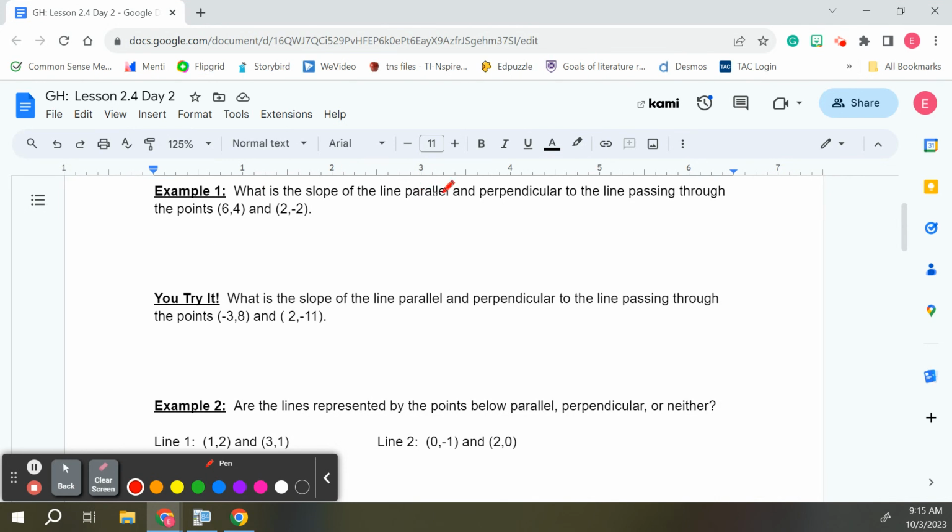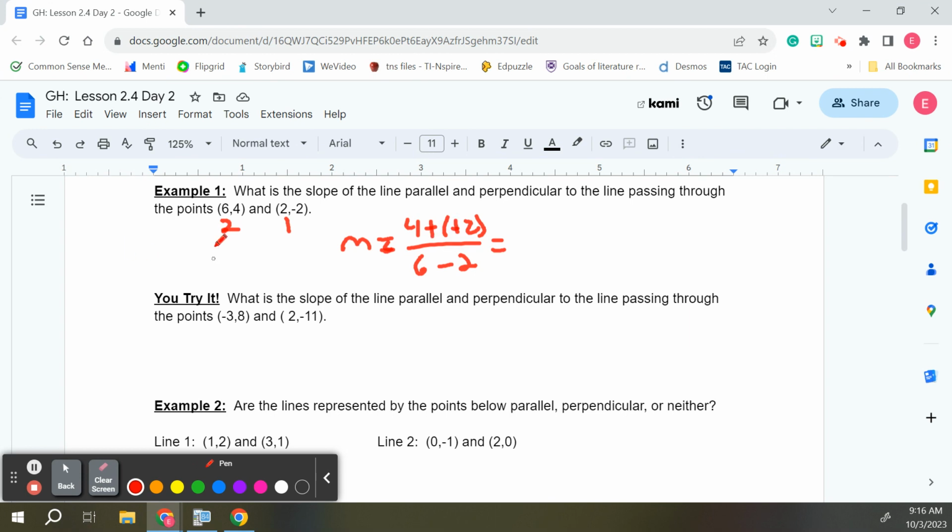It says, what's the slope of a line parallel and perpendicular to the line passing through points (6, 4) and (2, -2)? I'm going to label this as point 2 and this is point 1. Remember my slope formula is y2 minus y1 over x2 minus x1. So the slope is 4 minus a -2 over 6 minus 2.